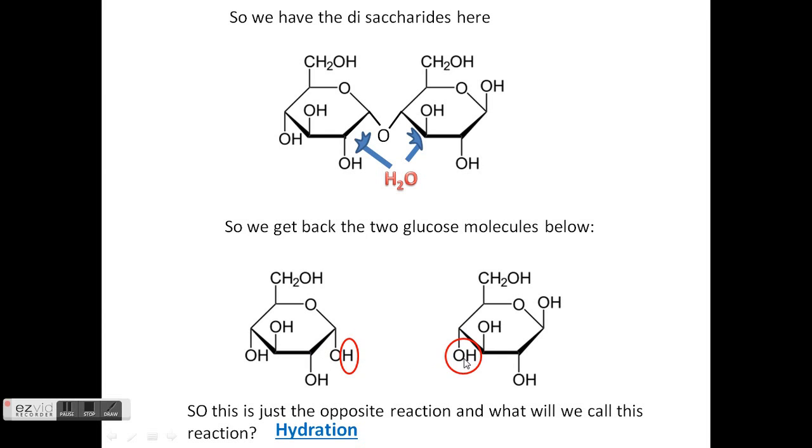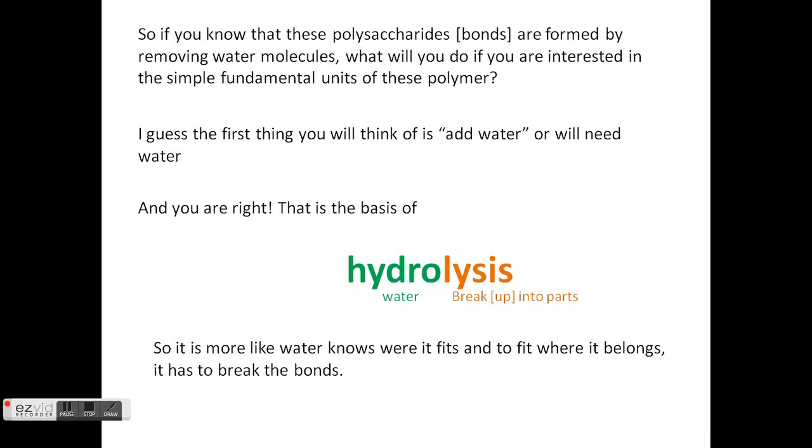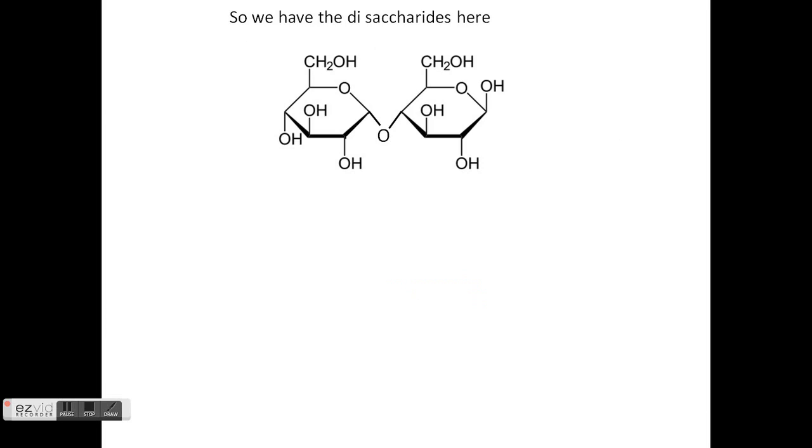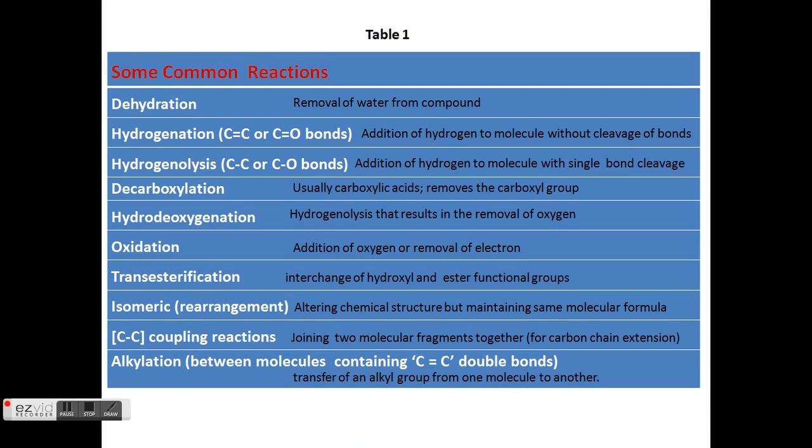One hydrogen joins, and then the other hydroxyl group joins the other glucose. So we get our simple unit back. So this process is the opposite of dehydration. So basically we'll call it hydration. So hydrolysis is a kind of hydration reaction. Like I said, the definition of hydrolysis: I use water to break up the structure, and you're incorporating the water molecules into the structure.